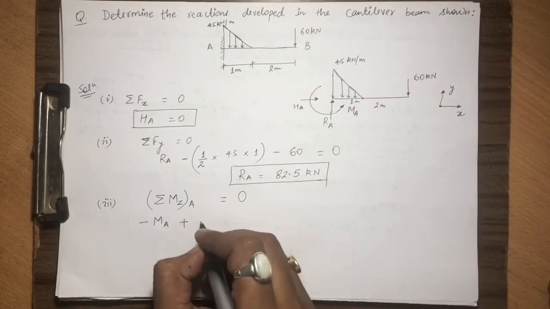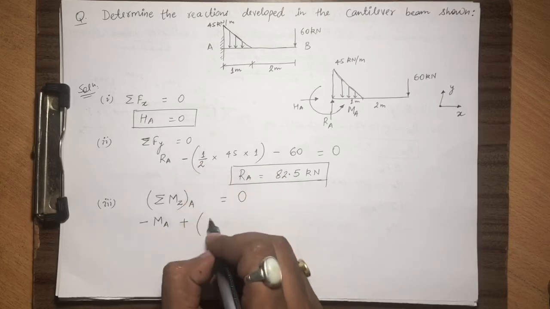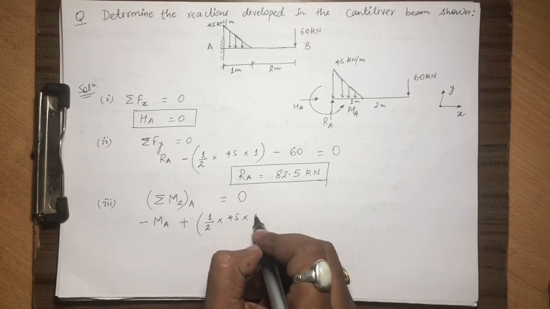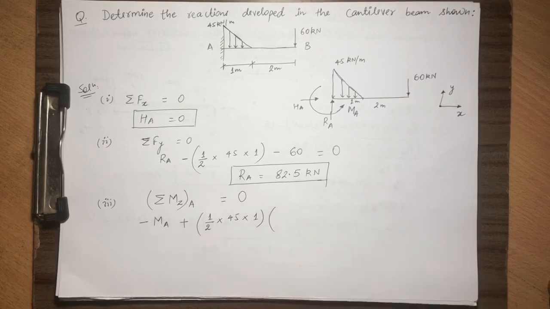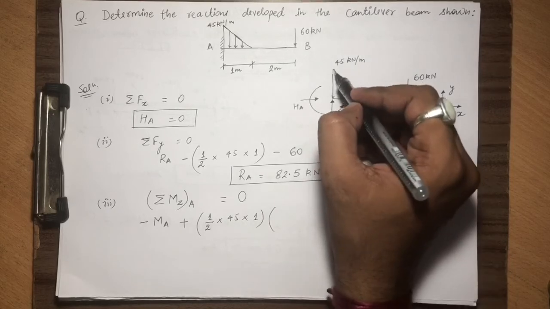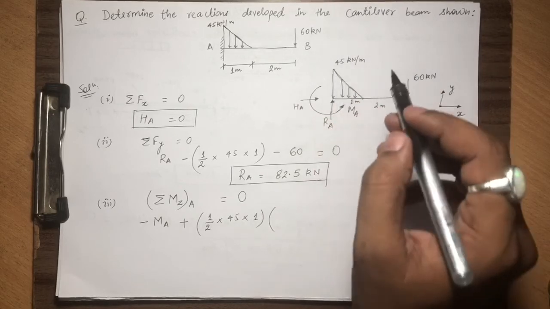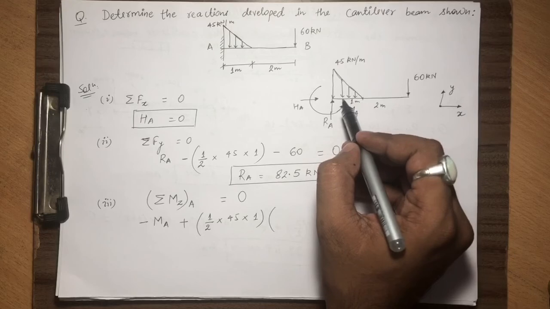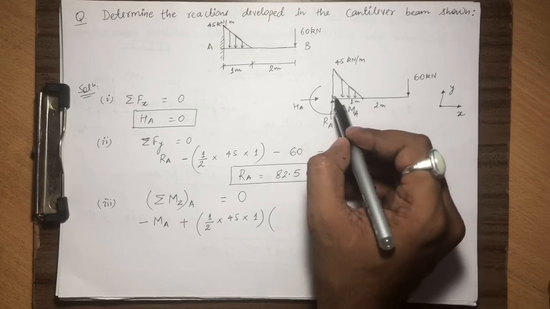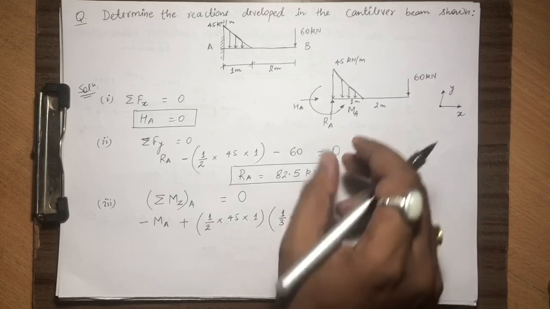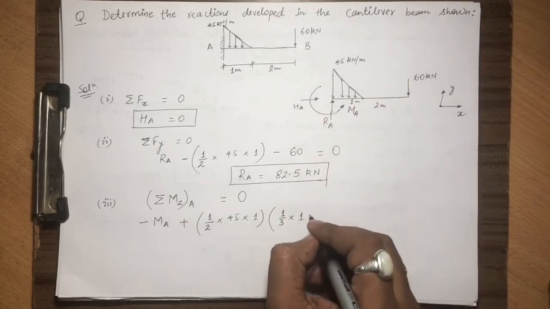Now the magnitude we know, half into 45 into 1. Now we have to see what is the distance. The centroid for a triangle, if we are calculating from this end, will be 1 by 3. If calculating from the other end, it is 2 by 3. So from this end it is 1 by 3 of this distance. This distance is 1.